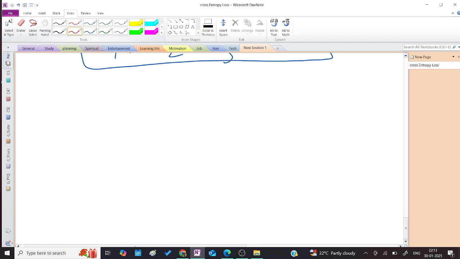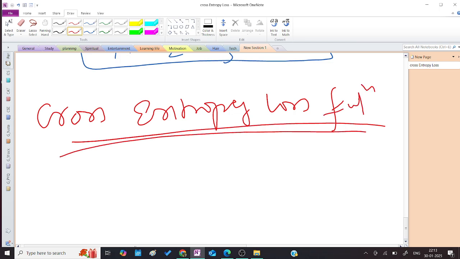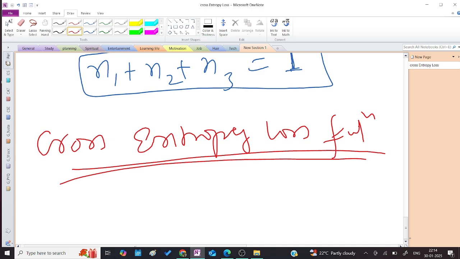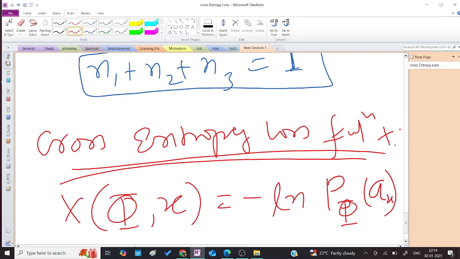So finally we define our cross entropy loss function. Okay. So x, phi of x. The formula is minus of ln of the probability. Okay.